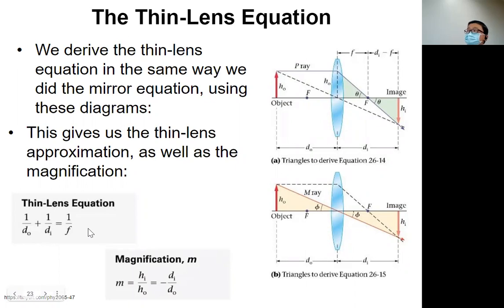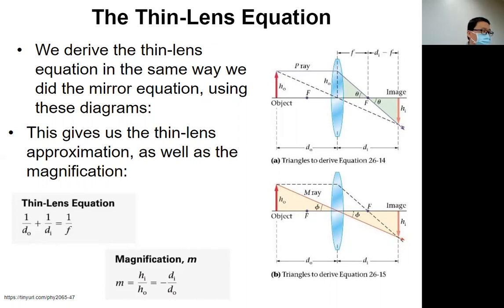I'm not going to repeat the derivation because it's similar to what we did last time. The result will be the same. So the thin lens equation and the mirror equation have exactly the same expression, okay? So 1 over DO plus 1 over DI is equal to 1 over F, where DO is the distance from the object to the lens, and DI is the distance from the image to the lens, okay?